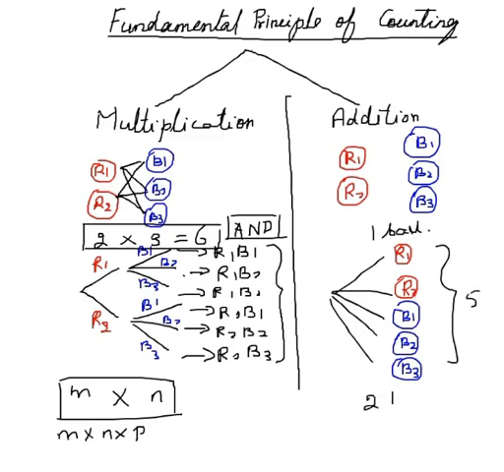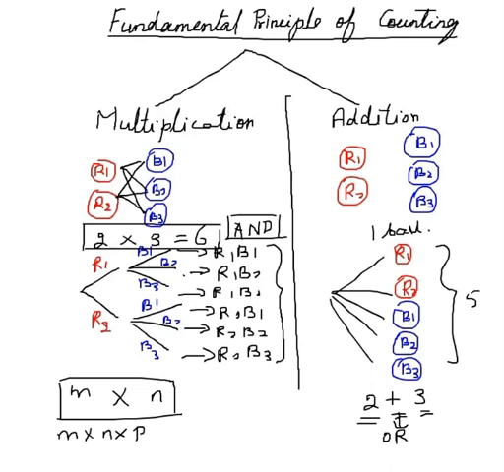Here what are we doing? 2 plus 3. We may select any one of those two red balls, so we have 2 ways, or we may select any one of those 3 blue balls, so 3 ways. So 2 plus 3. If we have 'or', we add.